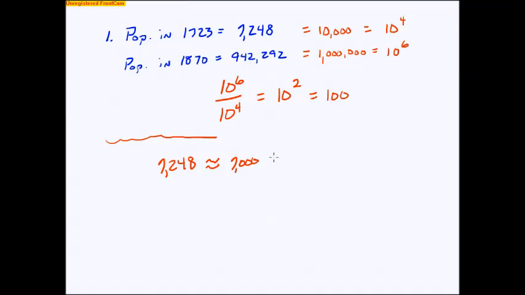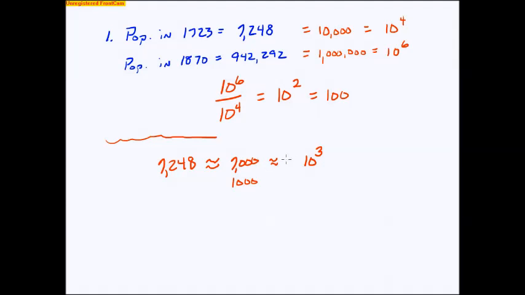Now this is a big jump right here, so pay attention. What if I use a power of 10? What if I use 10 to the 3rd? I see I've got 3 zeros there. 10 to the 3rd would be 1,000. You may say, wait a minute, that's not really closer to 7,248, but I'm going to put a number in front.